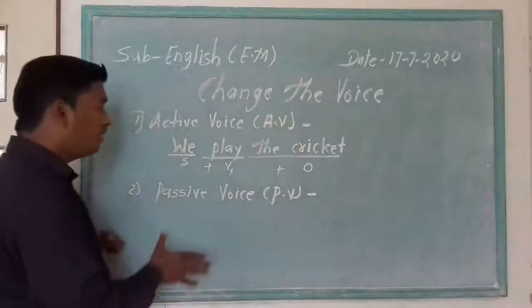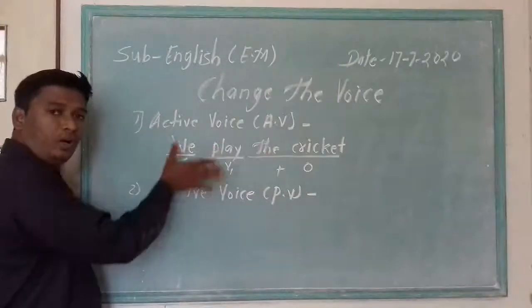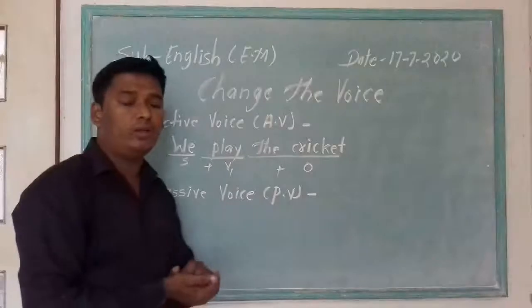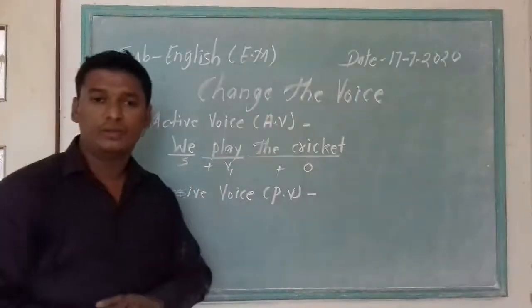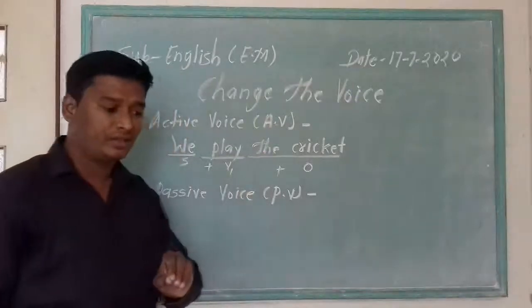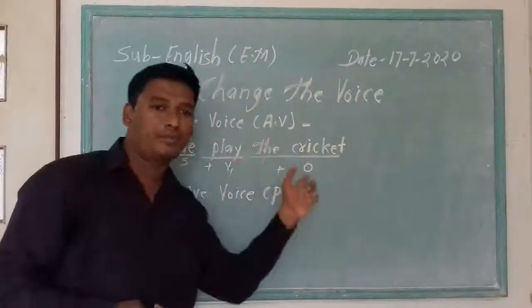Now, I am teaching you how to convert this AV into PV. First of all, we have to find out the object in the given AV sentence. Object is always after the verb.